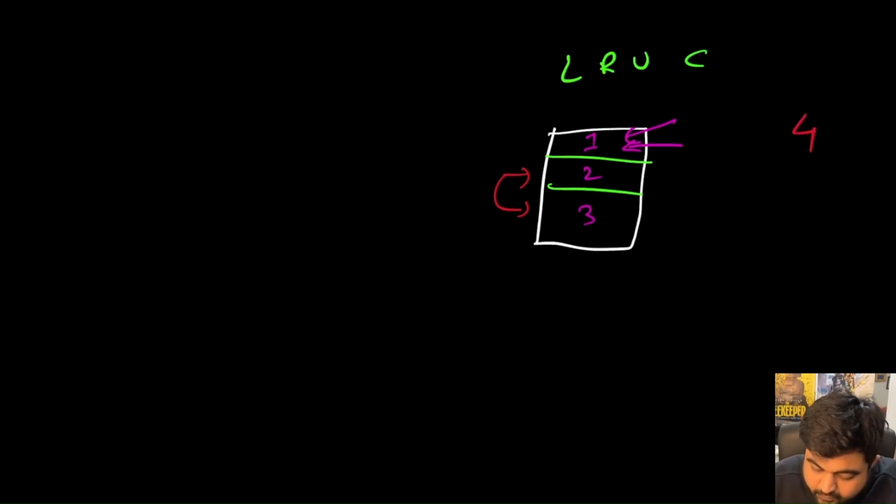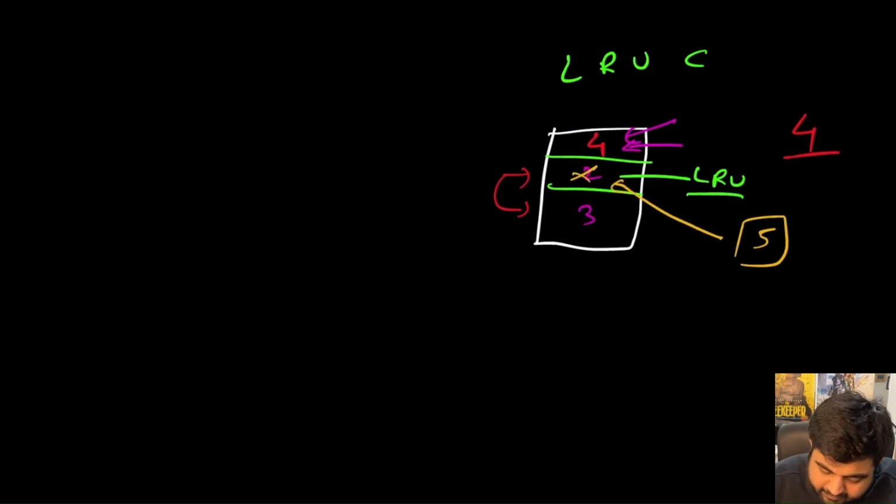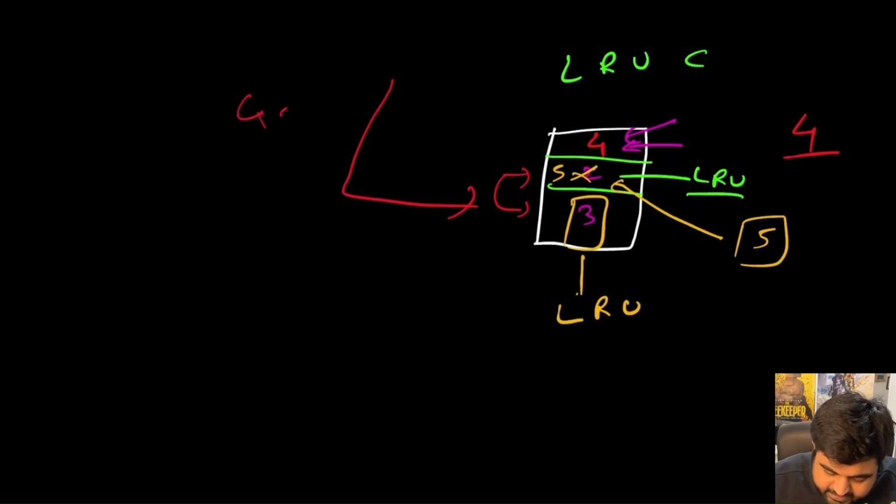So if I have to add value number 4 inside the cache, I need to kick out 1 and add 4 over here. But in this scenario, now the least recently used item is going to be value number 2. And if the next element I need to enter is 5, then I need to kick out 2 and add value number 5. Currently this 3 is the least recently used, but say for example, for some reason I ask this cache, hey, get me value number 3.